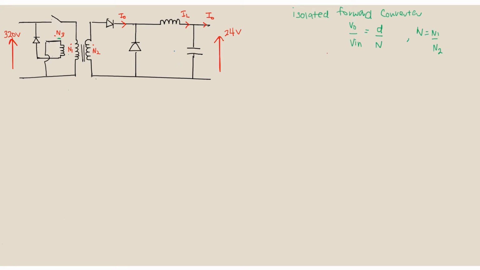Okay, so let's solve this problem. Let's list again what the question wants. The question asks us to find, first, the turn ratio, which is N. Second, the actual duty cycle.